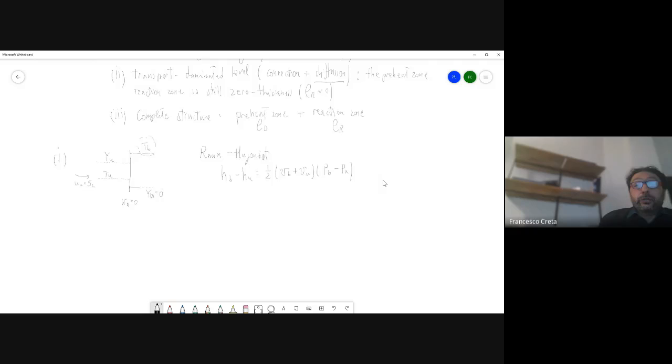But in a deflagration, what we can do is say, well, look, the burnt pressure will be approximately equal to the unburnt pressure, because we said that we're going to neglect pressure gradients.